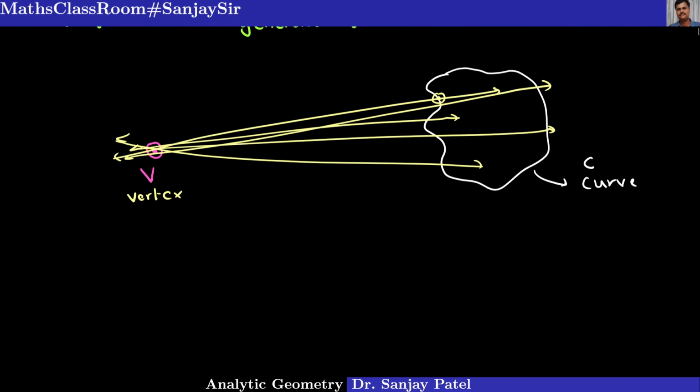These lines are known as generators of the cone. A cone is made up of infinitely many generators, all these lines lying on the cone. Basically, we are going to understand three categories of cone.